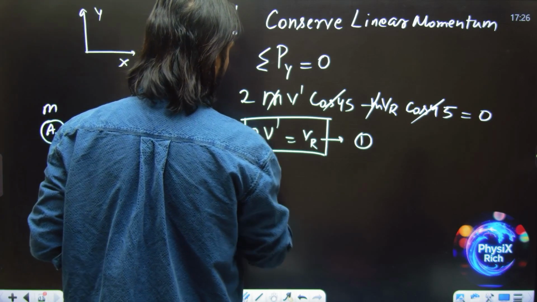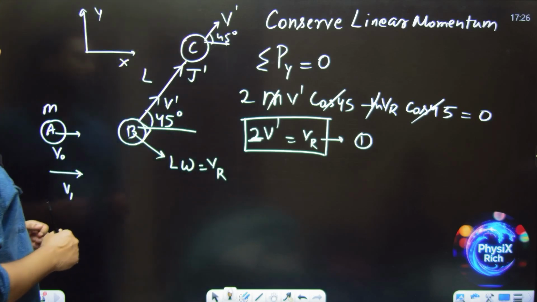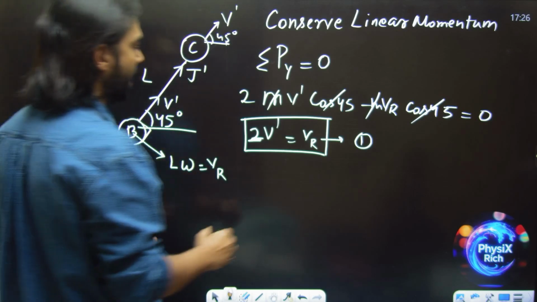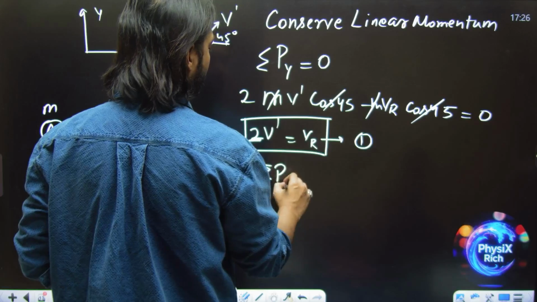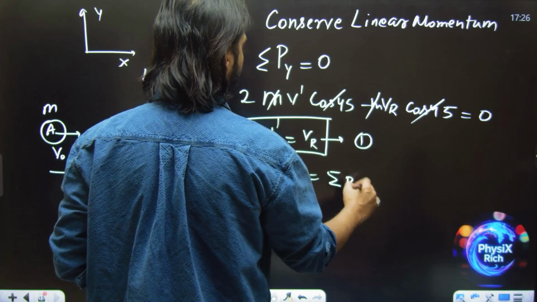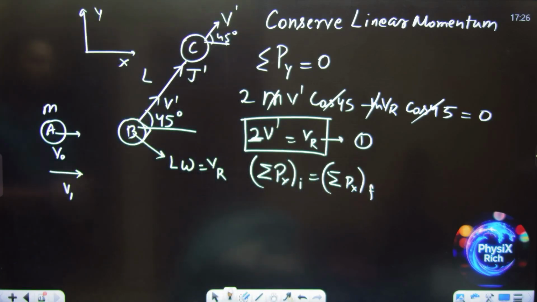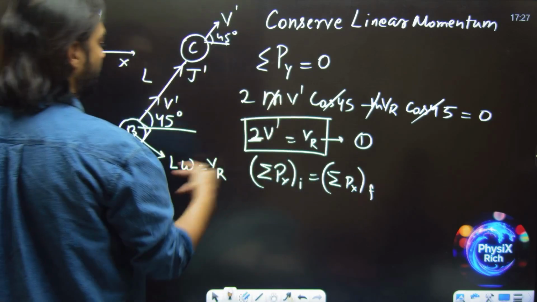Now let's calculate what happens if we conserve the momentum along the x-axis. Sigma px initial and sigma px final are the same. So what is the initial linear momentum along the x-axis?